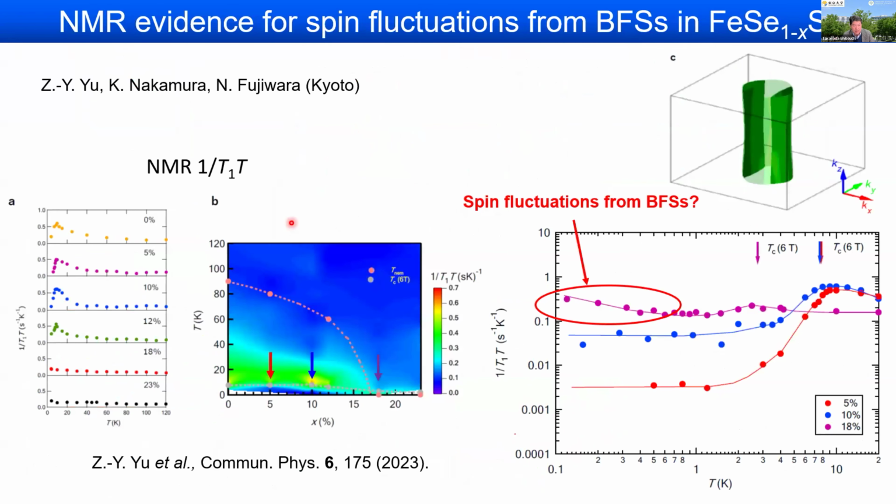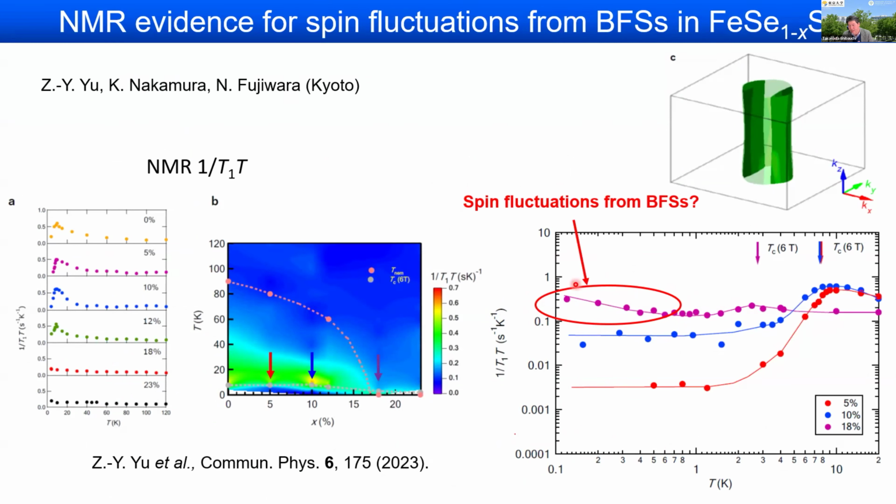Now, another indication from NMR shows another interesting feature. And here is 1 over T1T as a function of temperature in the superconducting state of these three samples. And this purple data is in the SC2 phase outside the nematic phase. And they found a very exotic increase of 1 over T1T at low temperatures.